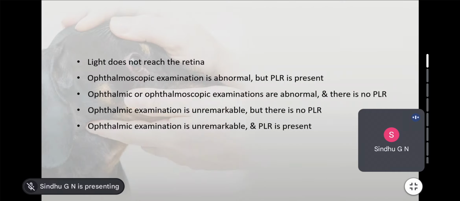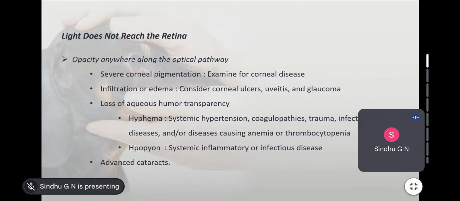But anyway, for the examination of the retina, we need a direct or indirect ophthalmoscopy. So, the first possibility is that the light does not reach the retina. Basically, with an ophthalmoscope, if you cannot see the retina, that means the retina also cannot see you.